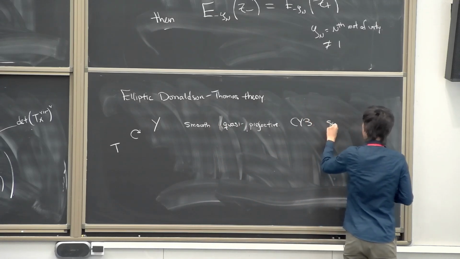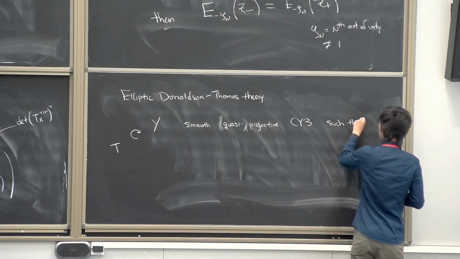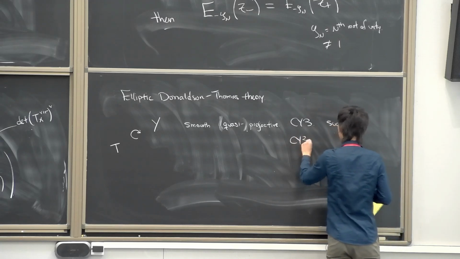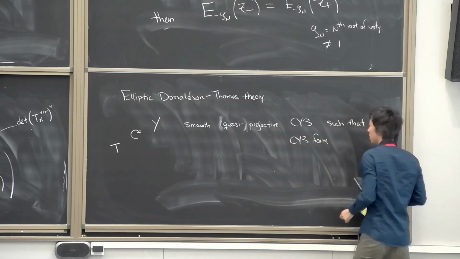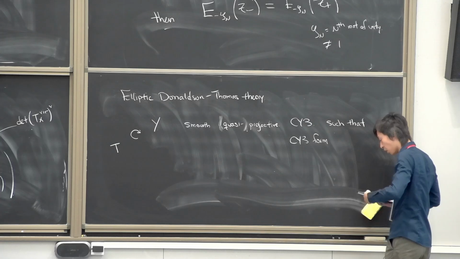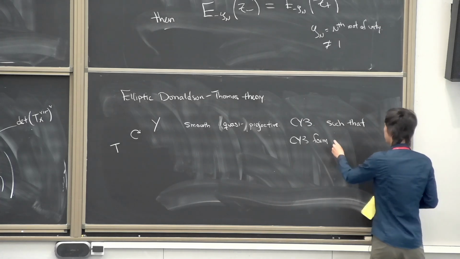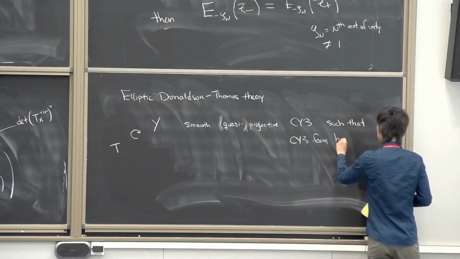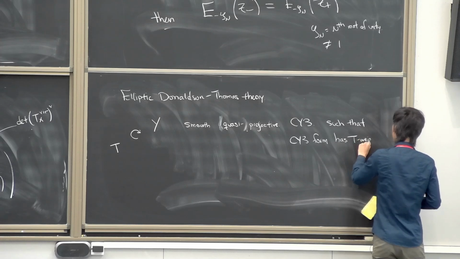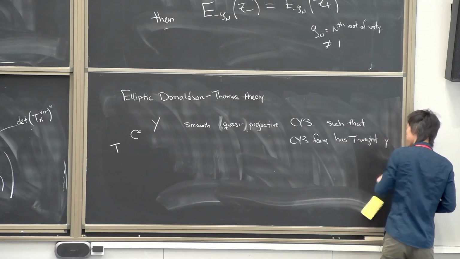Such that the Calabi-Yau 3-form, which is trivial, but maybe not equivariantly trivial, we assume that the Calabi-Yau 3-form has T weight y. Okay.